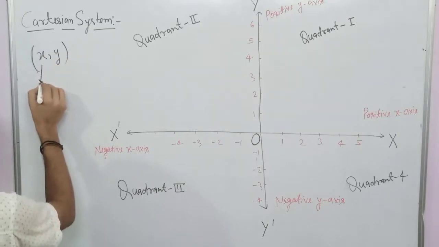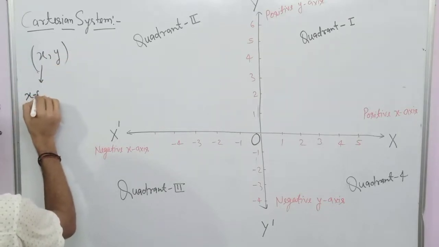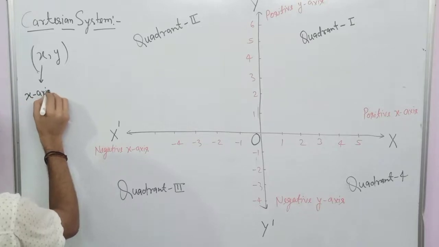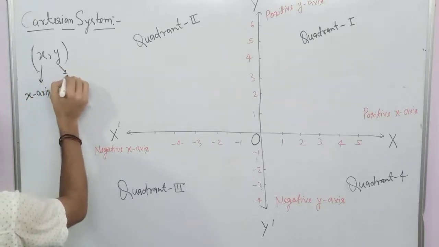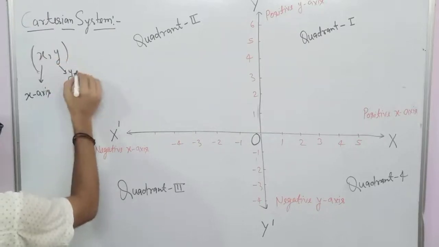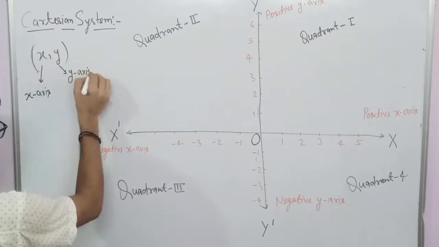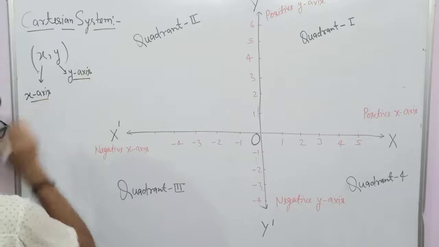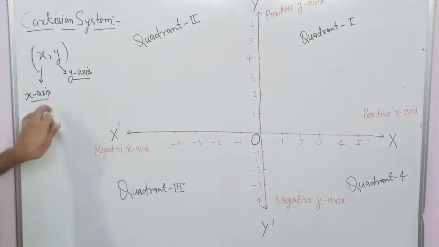The first point represents the x axis, and y represents the y axis, the second point. This is the basic.